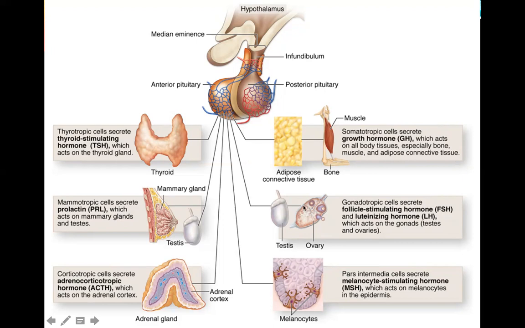The gonadotropic cells secrete follicle stimulating hormone and luteinizing hormone, which act on the gonads, the testes and the ovaries. These are all pars distalis, but the pars intermedia cells secrete MSH, or melanocyte stimulating hormone, which acts on melanocytes of the skin.